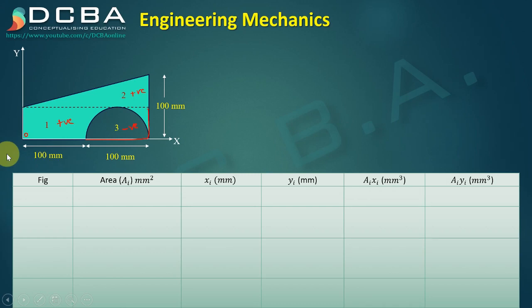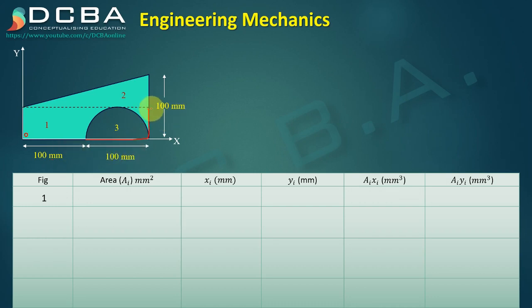Now it is a better representation if we do it in a table. So figure 1 is your rectangle. The first column says that it is area. So what is the area of this rectangle? The area of this rectangle will be base into height, which is 100 plus 100, so the base is 200. 200 into how much?